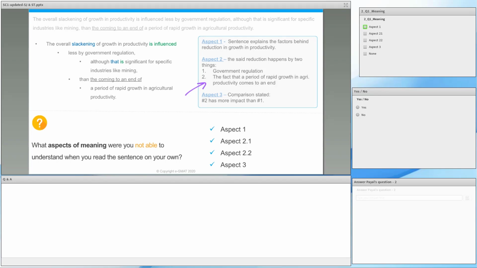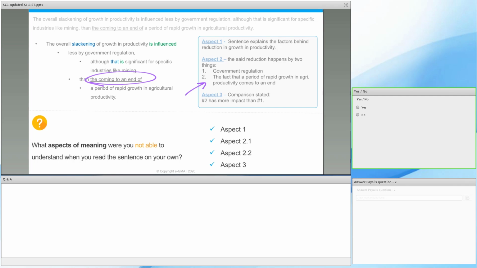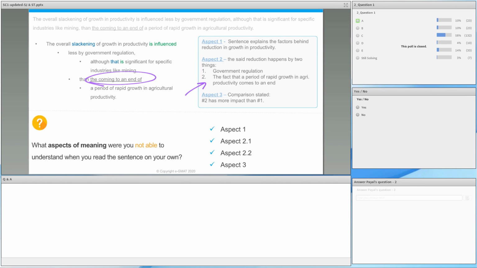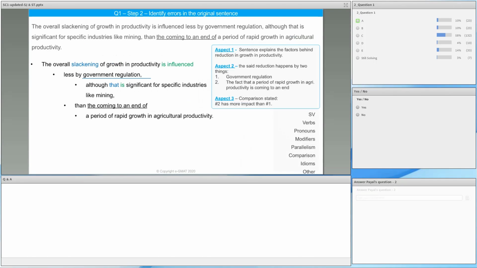So 2.2, and notice that if you missed this aspect, this coming to an end or this approach, then you're not understanding that underlying portion of the sentence. And that becomes really, really important. Okay, so let me go ahead and end this poll. So it's interesting to see that the majority of you were not seeing that underlined portion of the sentence, and you weren't doing that analysis. So we have to make sure that we do that.